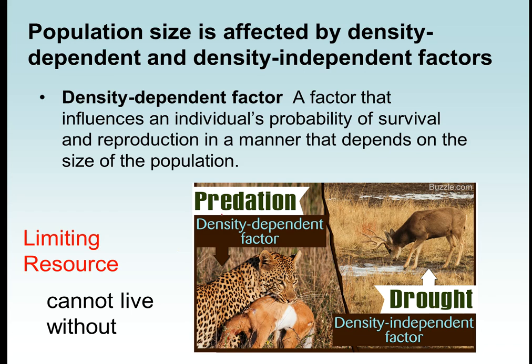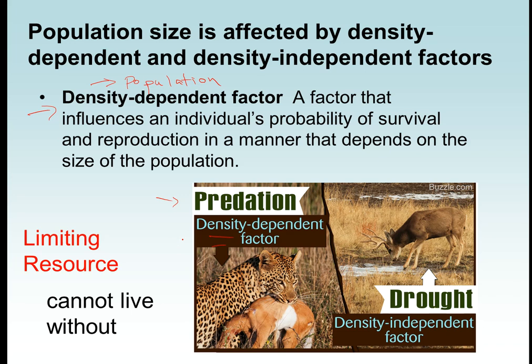Now, a couple other ideas, and then we'll wrap this section up. Population is affected by what's called density dependent and density independent factors. So density dependent, and this is the density of the population. Density dependent factors are those factors that influence population size based on the number of individuals in that population. This is very easy to see when you think about a density dependent factor like predation, for example.